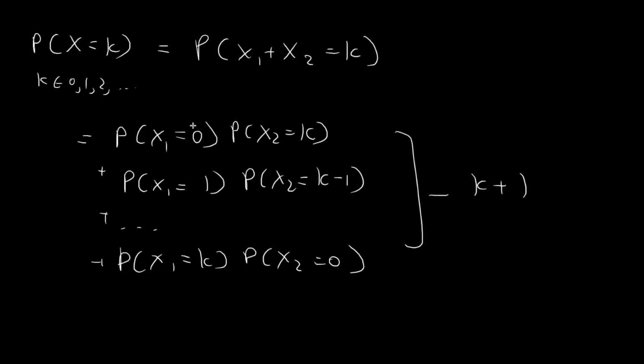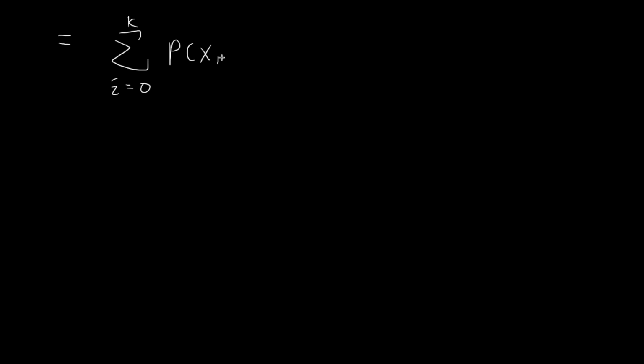The expression is the sum of the probability that X1 is equal to i and the probability that X2 is equal to k minus i. This is just the whole expression written in summation form.